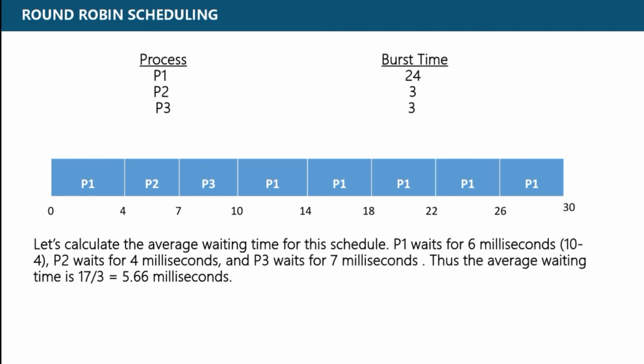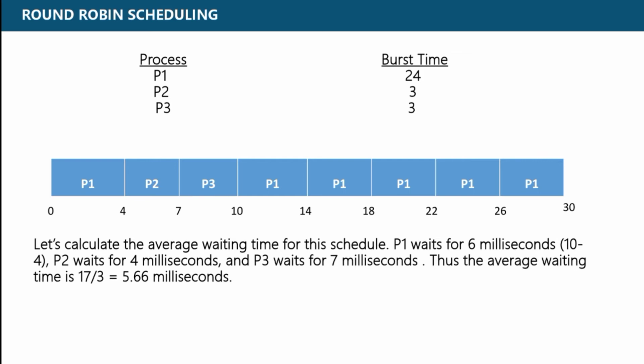Then after the 10 milliseconds, it is divided or sliced. The time is sliced for P1. So we have 10, 14, 18, 22, 26, and 30.